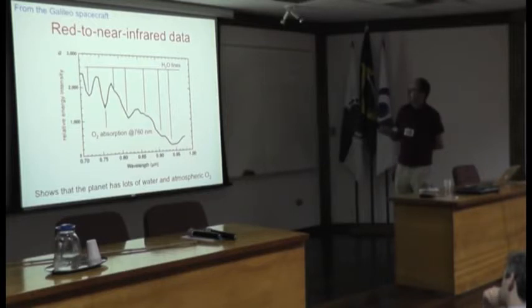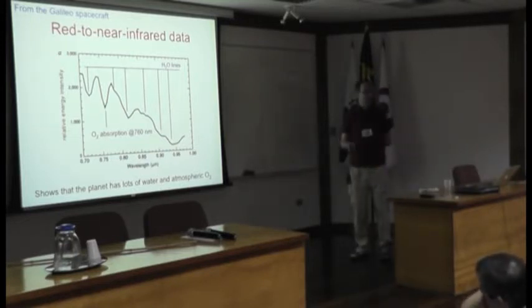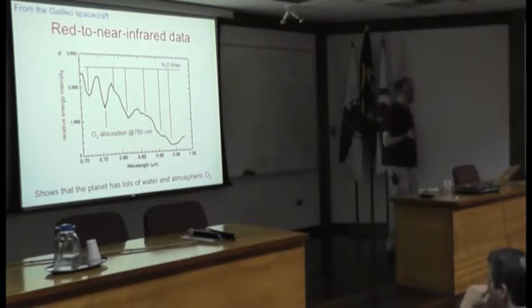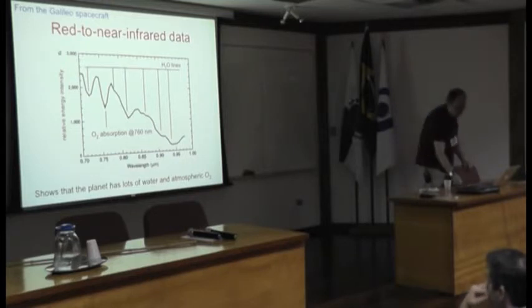In the near-infrared, many water vapor lines, and also oxygen absorption at 760 nanometers. So immediately you could infer a wet planet, and you could infer one with a lot of oxygen in its atmosphere. And oxygen in abundance could be attributed to life.